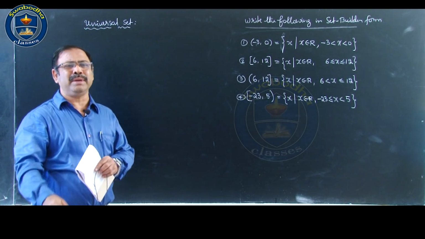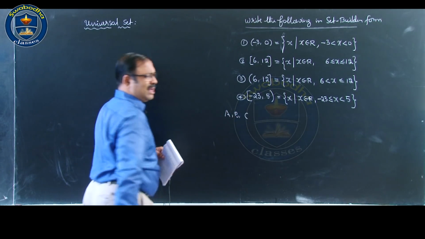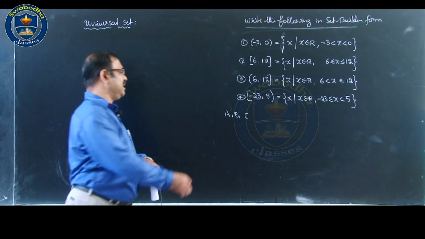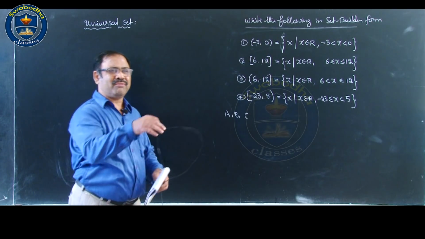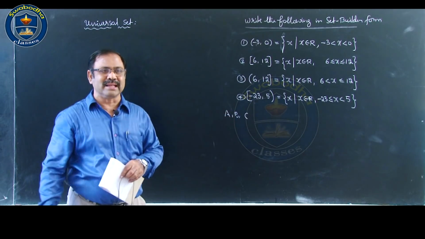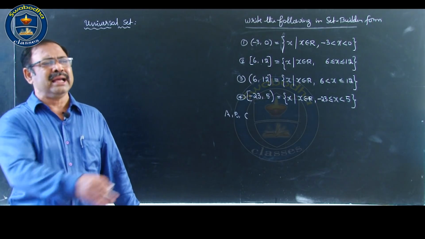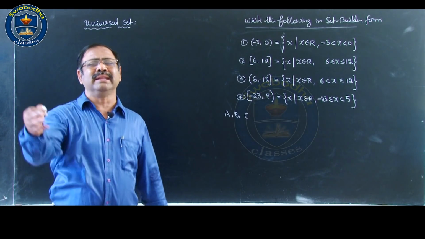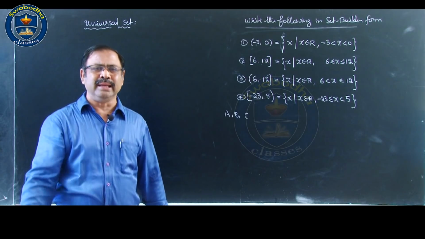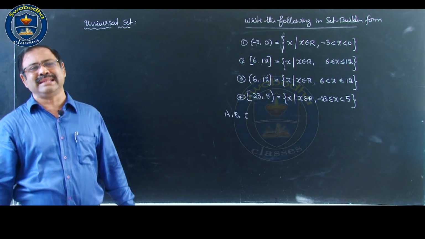Now, sets A, B are given. We give sets A, B, C. Universal set means it is the superset of all these. So, A is a subset of the universal set, B is a subset of the universal set, C is a subset of the universal set. Now, to give an example, the people living in a town or in a city. The total population here, we can take it as the universal set.